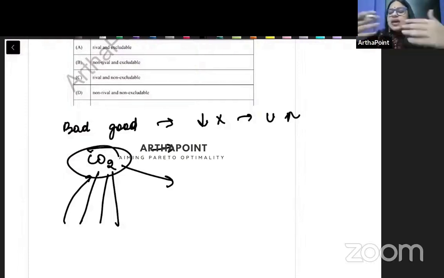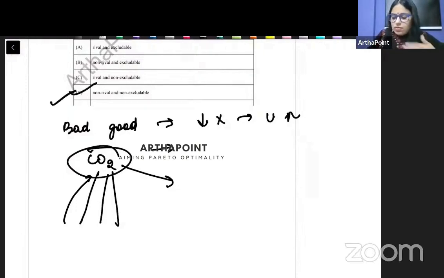You also get the same pollution, right? And it is non-excludable. You cannot exclude yourself from consuming it. Yes, you can wear a mask, but in general, I can't say I will exclude this person from taking carbon dioxide, right? So the answer is D. It is non-rivalrous and non-excludable.